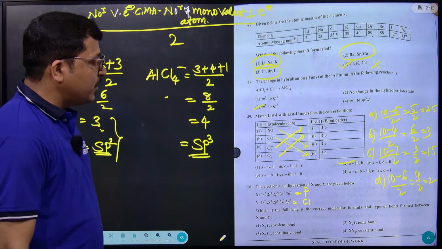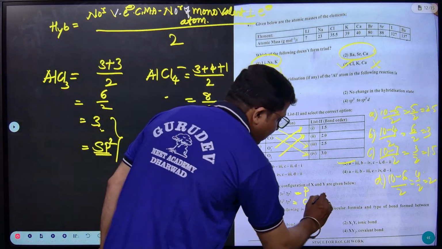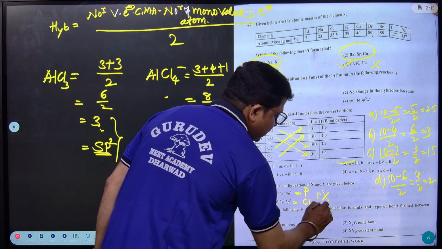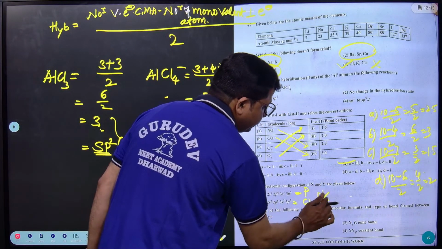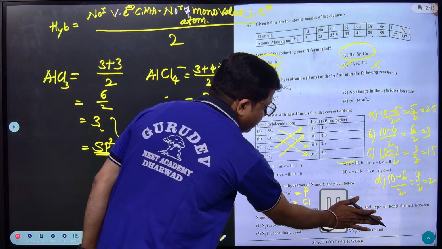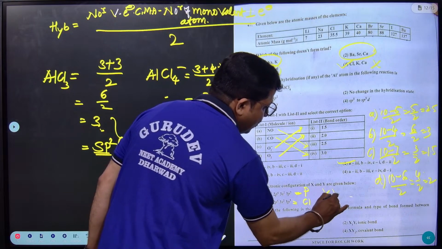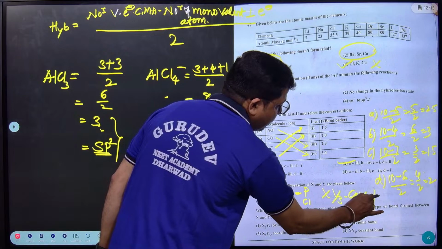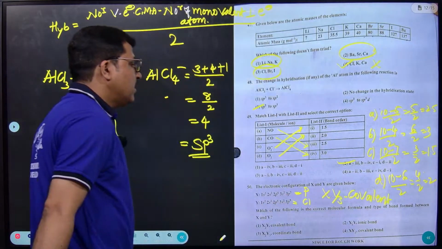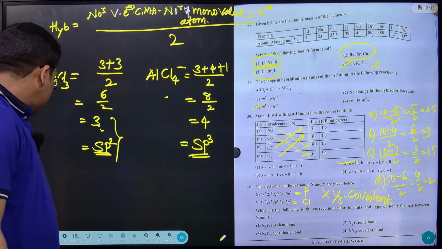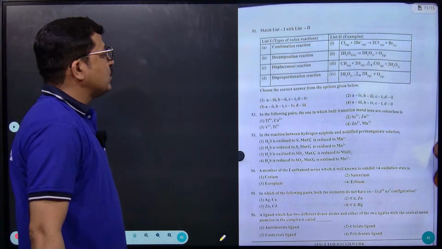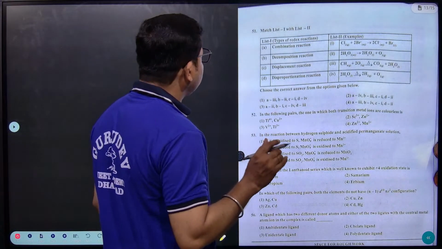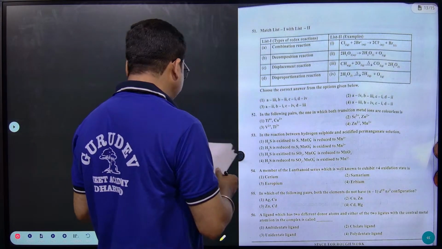Phosphorus and chlorine combined together form a compound of the type XY3 with covalent bonding.